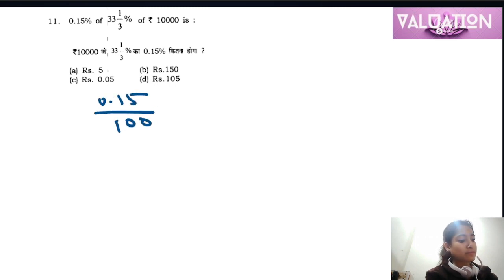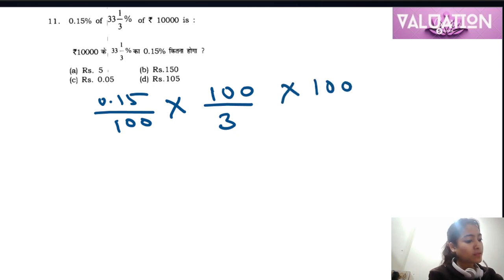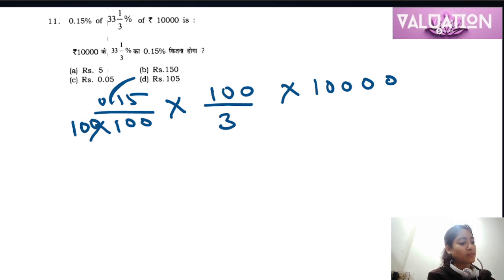0.15% of, we can directly write this as 100 divided by 3% of, we have to find the value of this. So if we remove the decimal, 100 will come here. So this 100 will cancel out, this 20 will cancel out, and here we will get 5.